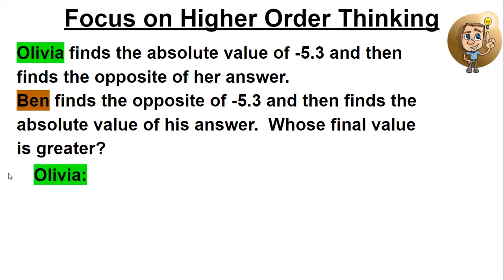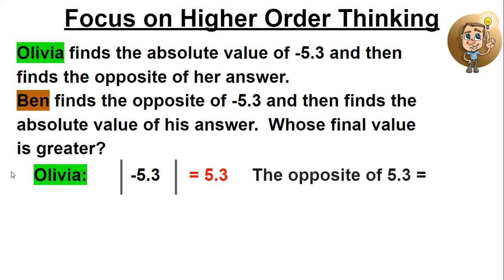So here's Olivia. She found the absolute value of negative 5.3. What's the absolute value of negative 5.3? I hope you say positive 5.3. Yes. And then she found the opposite of her answer. What's the opposite of 5.3? The opposite of 5.3 is negative 5.3. So that's Olivia's answer. Now let's go through Ben's answer.